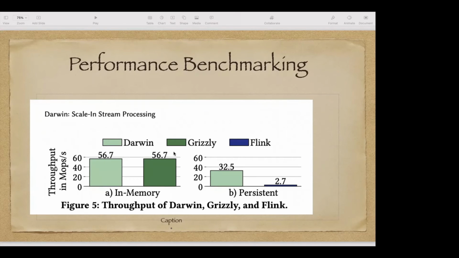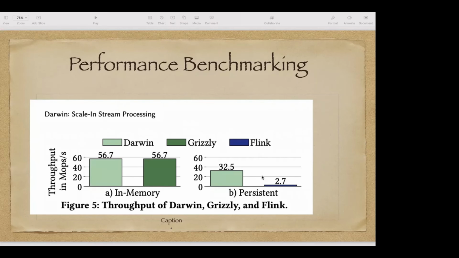But the paper mentions that the optimizations done by Grizzly to achieve this efficiency are basically independent of their architecture. So I think those optimizations can be employed here or in other SPEs as well. And then for persistent memory, they have compared Darwin and Flink. Darwin here uses Viper for persistent memory, and Flink, as usual, uses RocksDB.